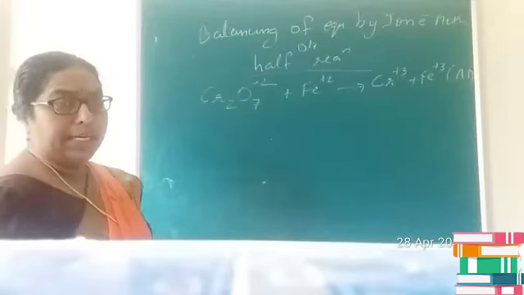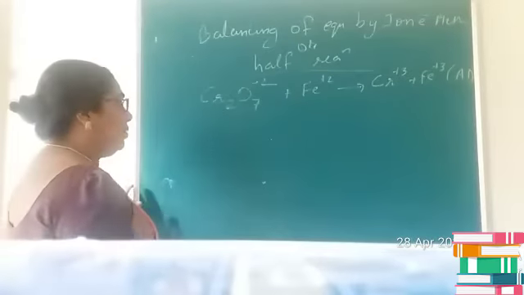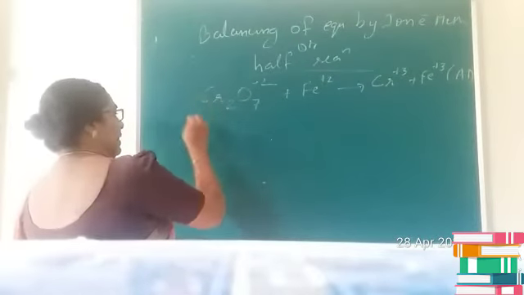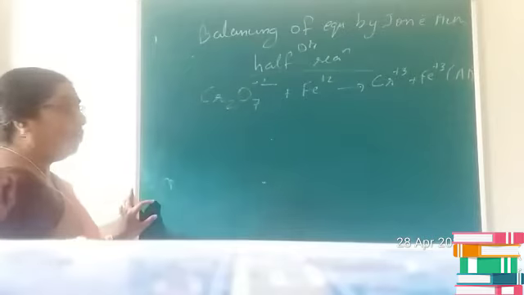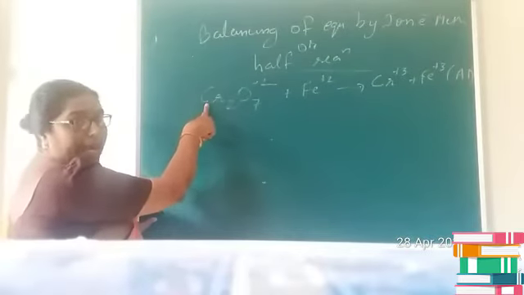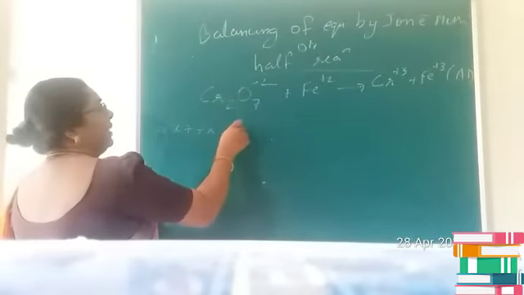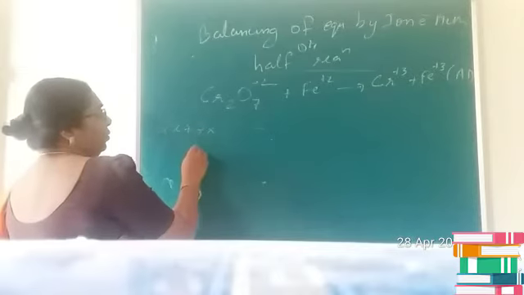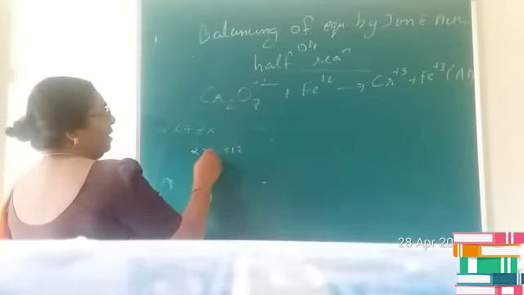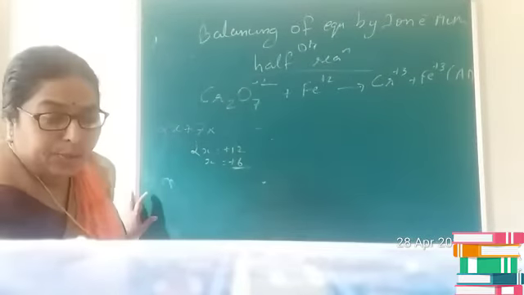So let us roughly calculate the oxidation number. Do you remember how to calculate the oxidation number? Yes, so just calculate it. Once I will explain for Cr2O7 2-, we assume the oxidation state of Cr as x, so it becomes 2x plus 7 into minus 2 is equal to minus 2, or 2x is equal to plus 12, or x is equal to plus 6. Is it clear, children?